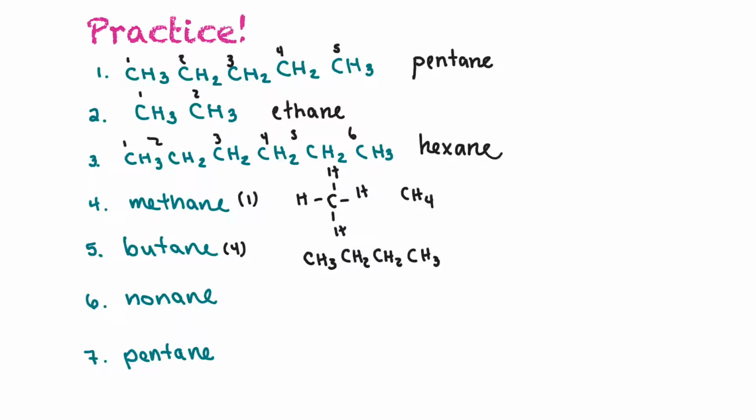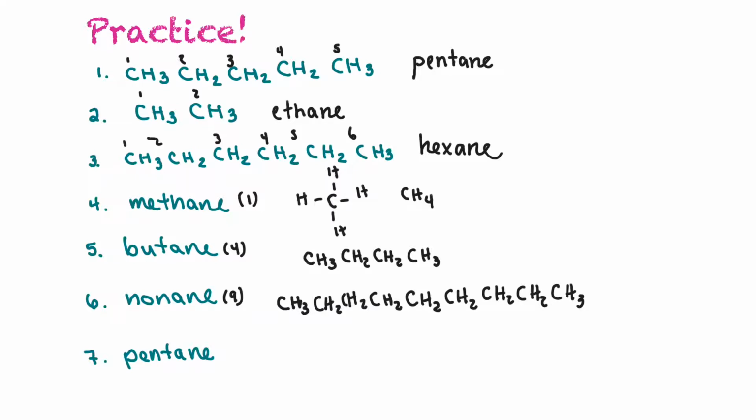Nonane is 9, so I'm going to do it in the condensed form too. So CH3, so remember it's 9, CH2, CH2, CH2, CH2, CH2, I've lost count, 1, 2, 3, 4, 5, 6, 7, 8, 9.